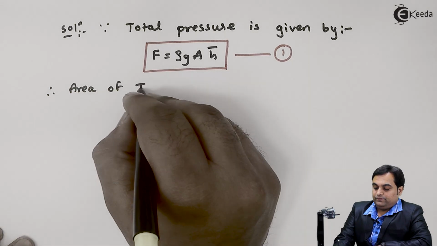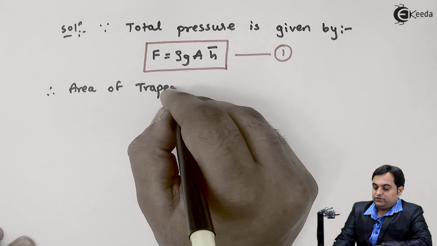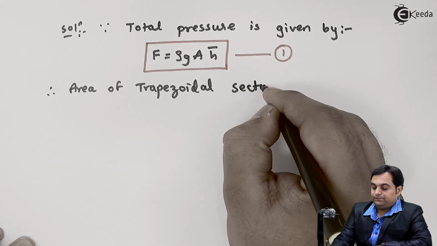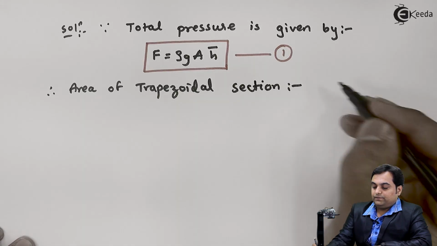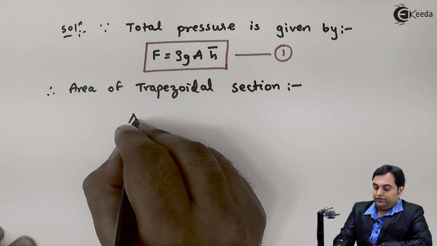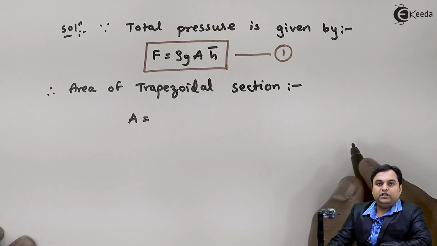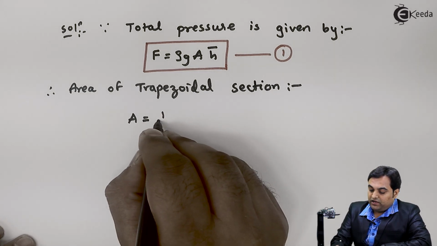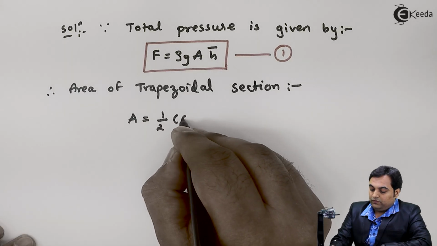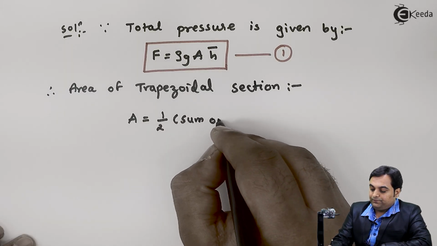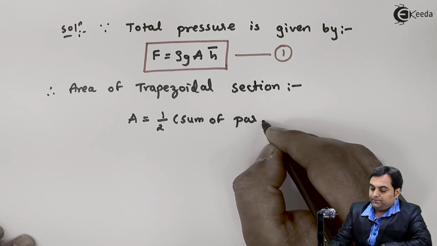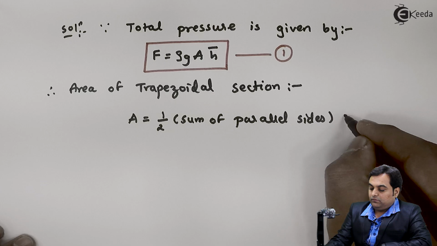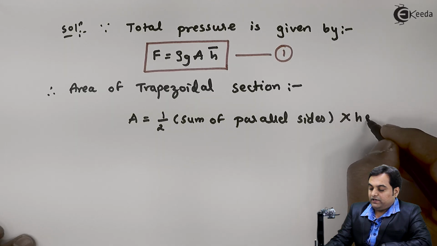First, the area of the trapezoidal section. We know that the formula for the area of a trapezium is half into the sum of parallel sides multiplied by height.